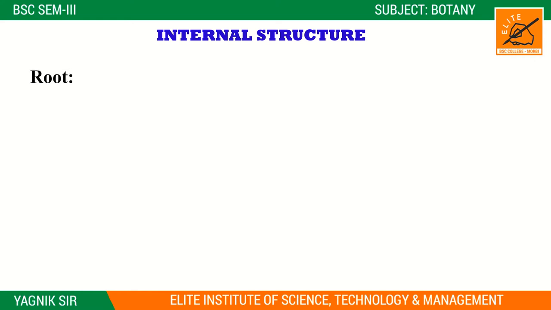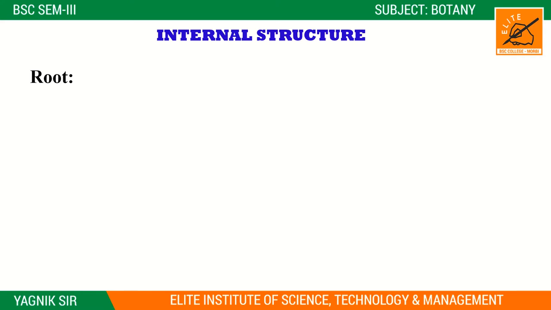So first of all, we start with the root. Here, all the anatomy is in ring form. Please remember, the outer layer is the epidermis, and then the hypodermis, and then the cortex, endodermis, pericycle, and the vascular system.